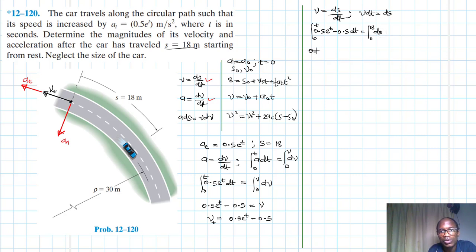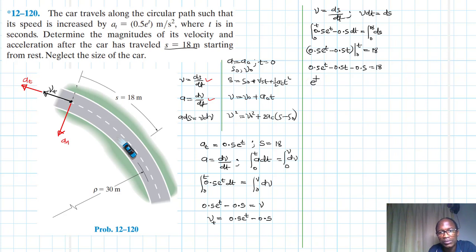So this just becomes 0.5 e to the t minus 0.5 t, evaluated from 0 to t, equal to 18. Therefore, we'll have 0.5 e to the t minus 0.5 t, then minus 0.5, equal to 18.